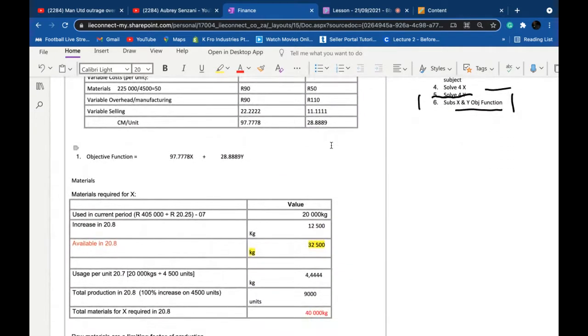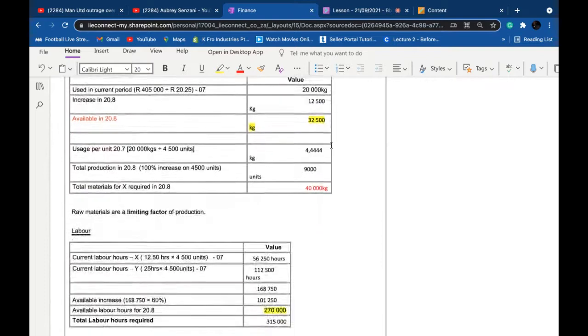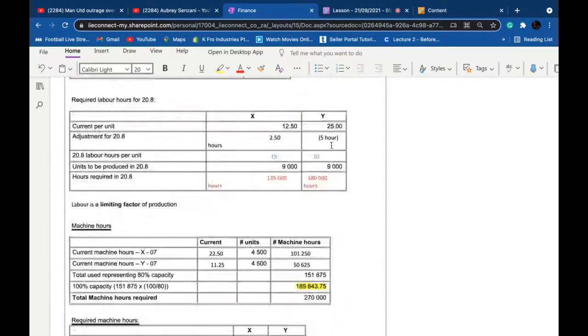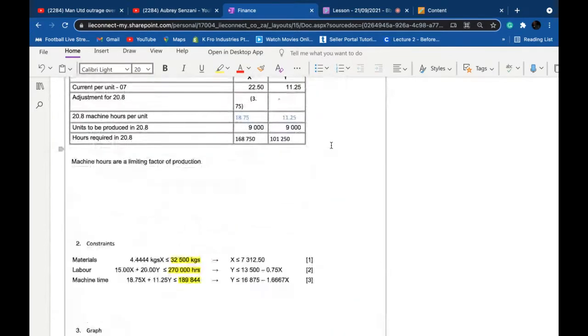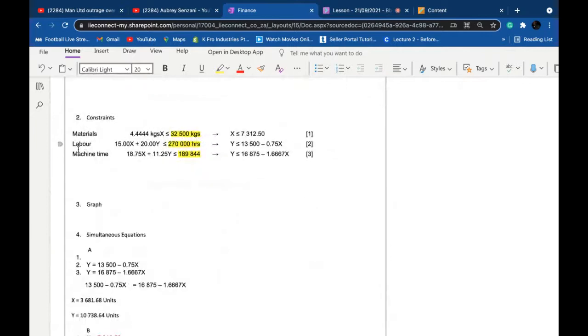And step number 3, once you have your constraints, you want to build the equations. You can see the equations are built off the constraints. We know that we only have 32.5 kgs, but how many do we need per unit?